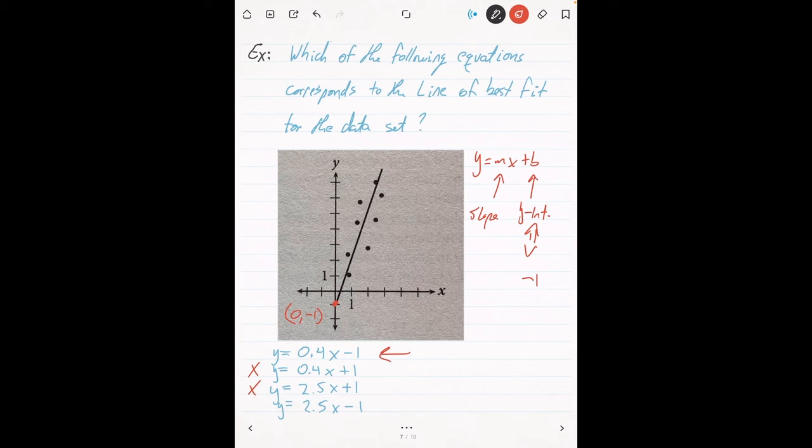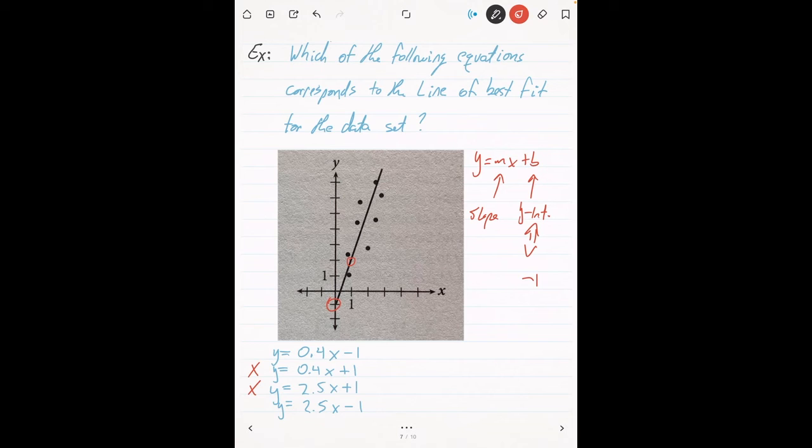So this first one and this fourth one both have the correct y-intercept. It's the slopes that are a little different. So let's think, how can we find the slope of this line? There's a couple ways to find the slope. You could say, well, I know one point, and it looks like I know another point.